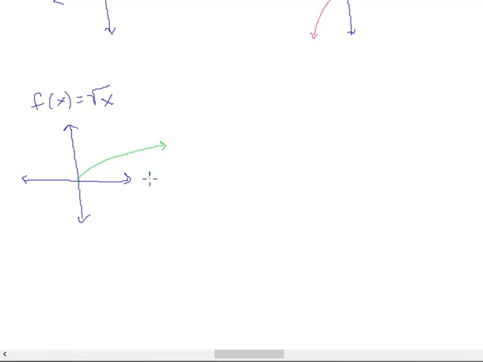Okay, so in terms of domain, where does it start? It doesn't go to the left forever. It actually starts at 0, and then we'll go on to the right forever. And now what about the range? So now I'm thinking y values. It starts at 0, and it will go up forever.